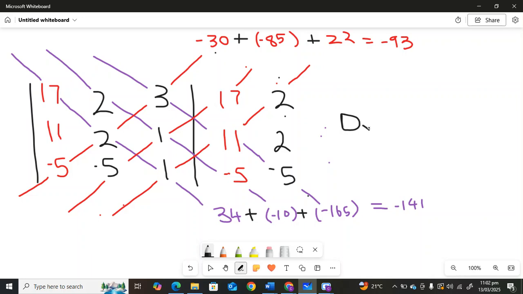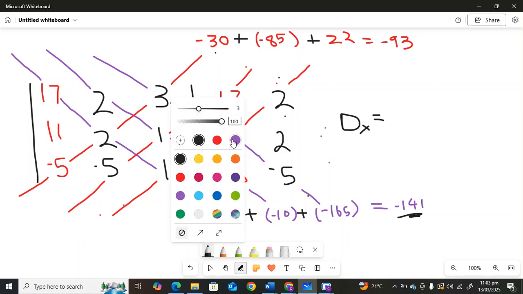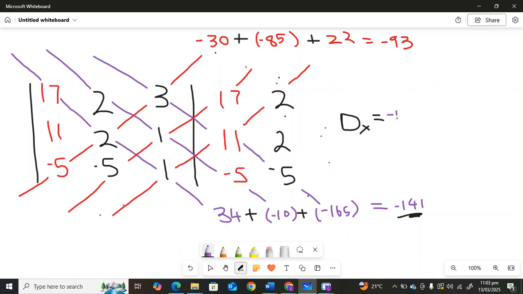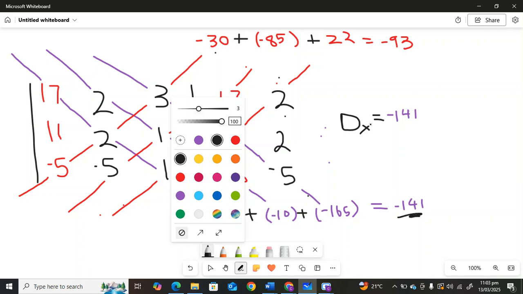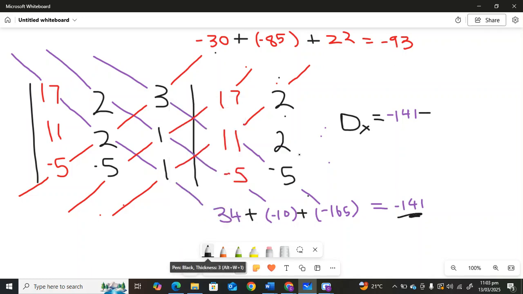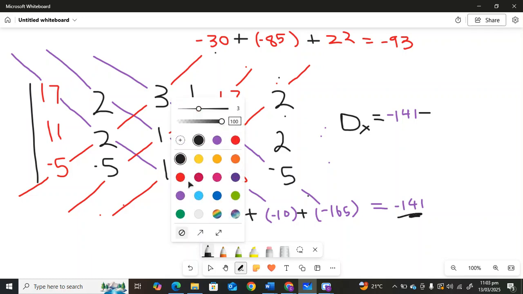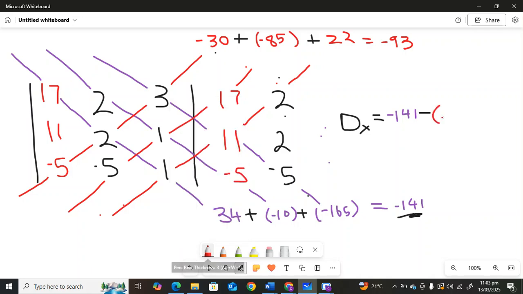Okay. So the determinant for x: leading diagonal, so you look at the bottom number, you put it first. Negative 141 minus the trailing diagonal number, negative 93. This is the same as negative 141 plus 93. What do we get?